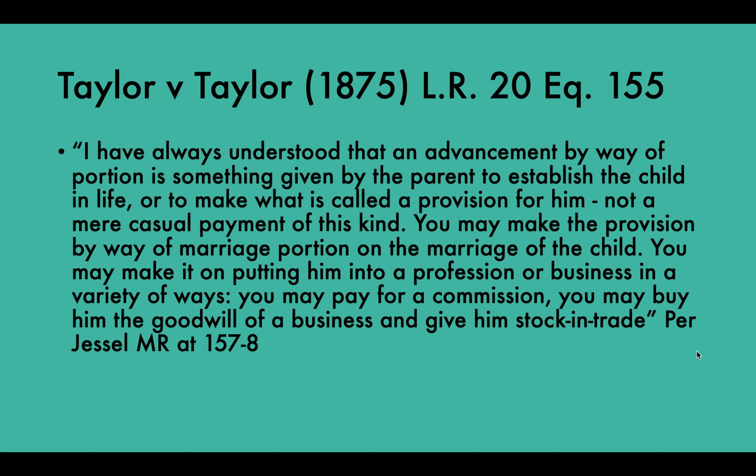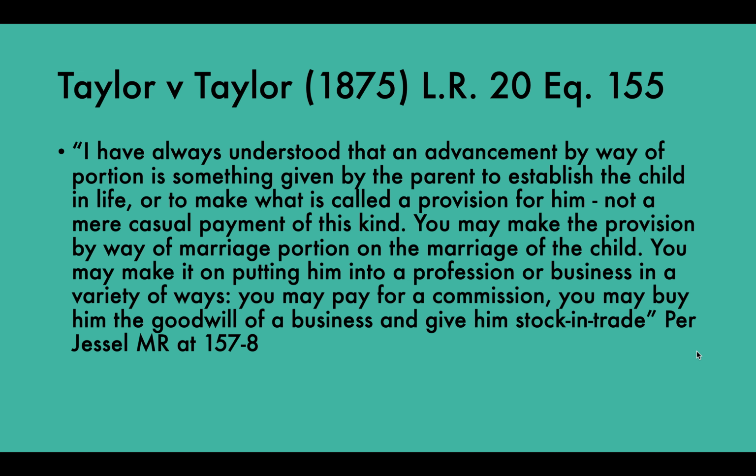So let's have a look at a case here, Taylor and Taylor. In this case, Jessel said that I have always understood that an advancement by way of portion is something given by the parent to establish the child in life, or to make what is called a provision for him, not a mere casual payment of this kind. You may make the provision by way of marriage portion, on the marriage of the child.